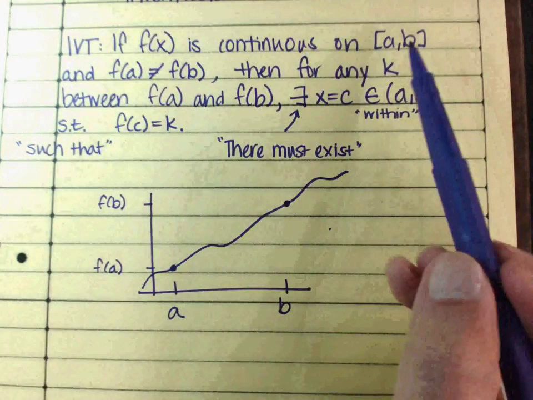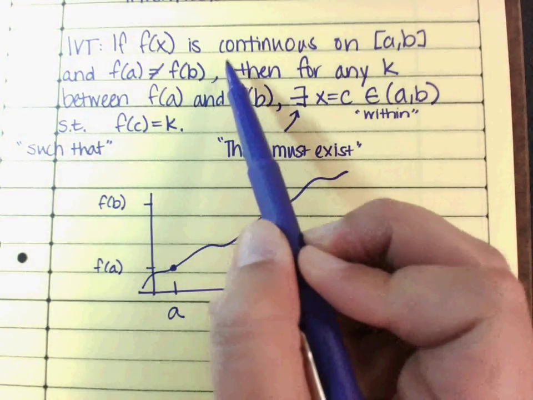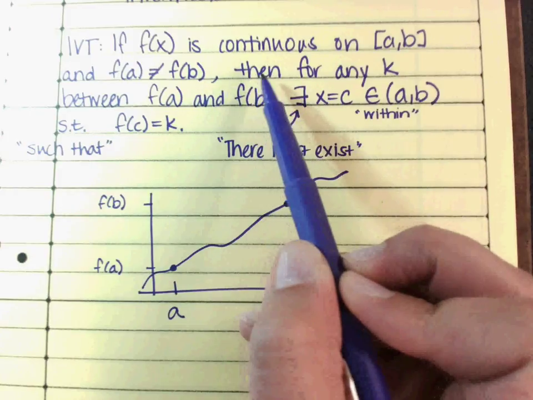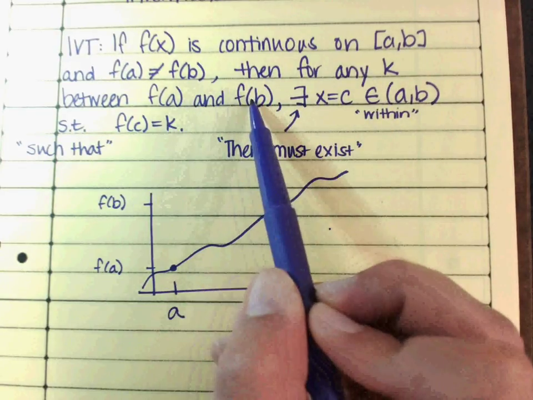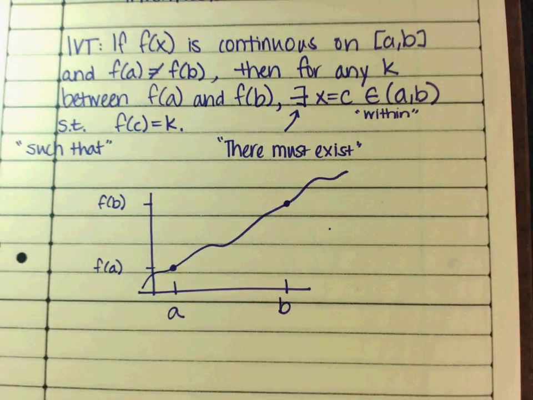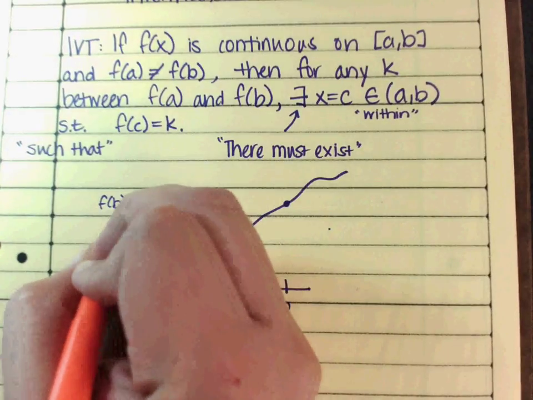Okay, so at this point, we're right here in the definition. So then it says, for any k between f of a and f of b. So k is going to be a height that is between that bottom f of a and that top f of b. I'm going to put my k here. That's going to be k.